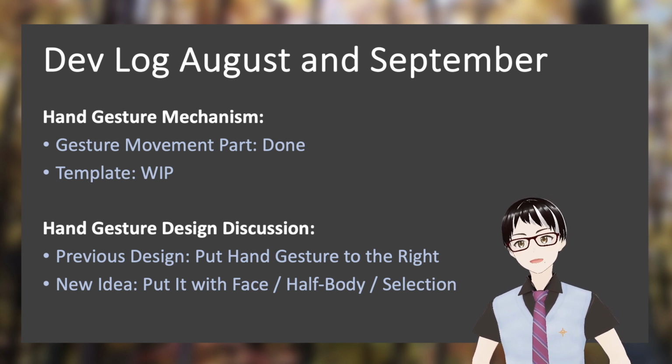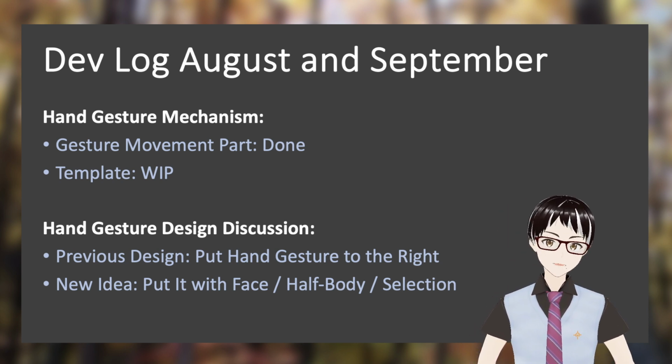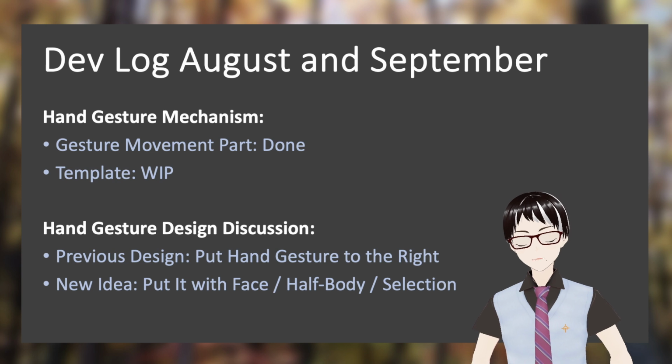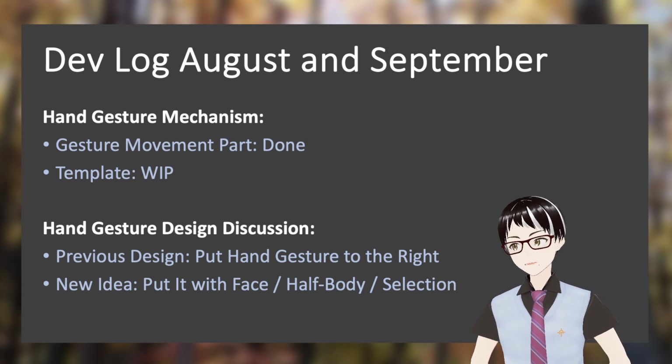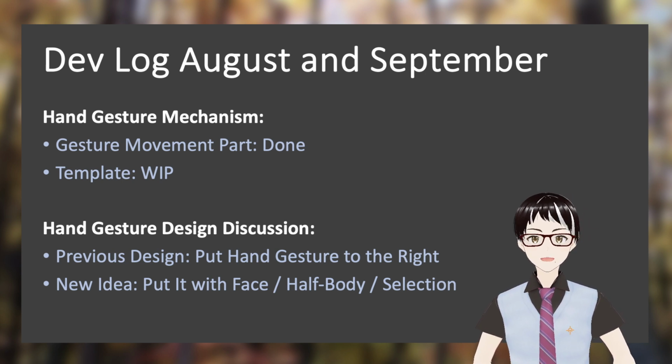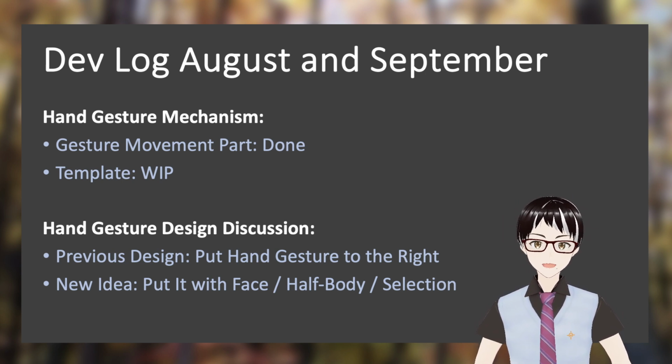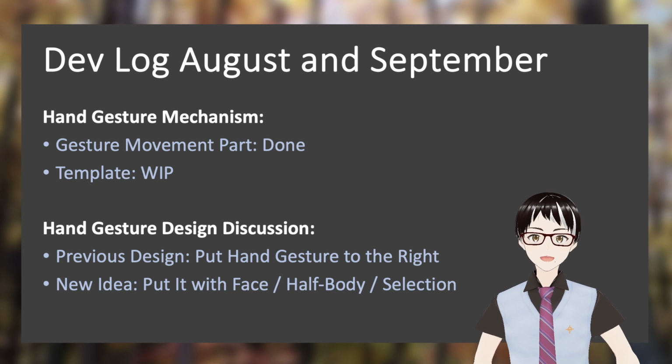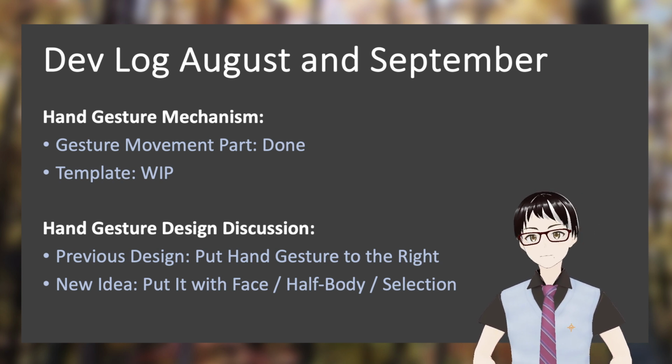And the reason why we weren't able to finish this feature within the last 2 months is I was stuck on setting up the new gesture selection UI on the right of the software.